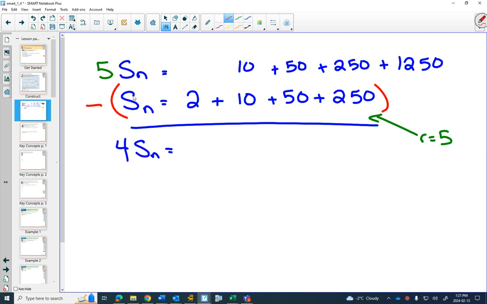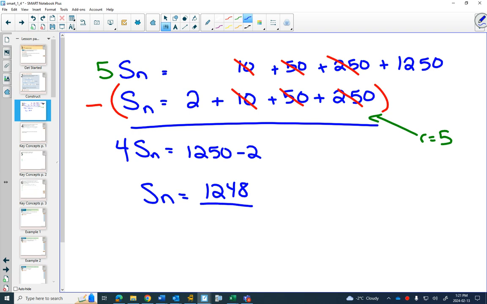And here, if I subtract, the 10s would cancel out, the 50s would cancel out, I would get 1,250 minus 2. And so my actual sum, if I subtract that, would be 1248, and I'd have to divide by 4, and I'd get 312. This would be if I was multiplying by 5.